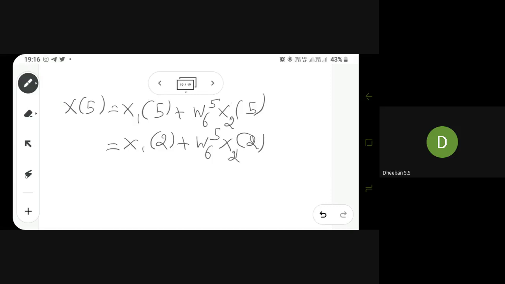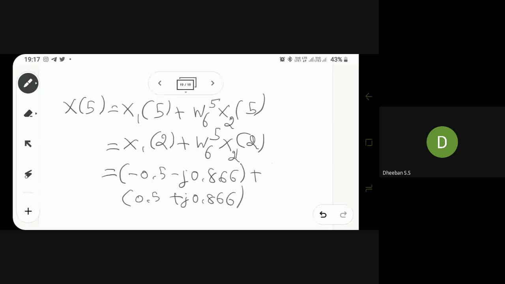And this becomes minus 0.5 minus j 0.866 plus the same value 0.5 plus j 0.866. The difference is that minus 1. We'll be getting minus 1 minus j 1.732.